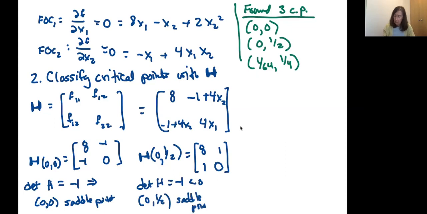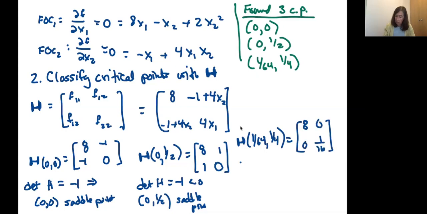And then the final possibility for H, can we find anything that really is a local min or max here, at x1 equals 1/64, x2 equals 1/4. It's going to be 8. 4/64 is 1/16. 1 minus 4x, 0, 0. Okay, so the determinant, 8 times 1/16 is 1/2 minus 0.